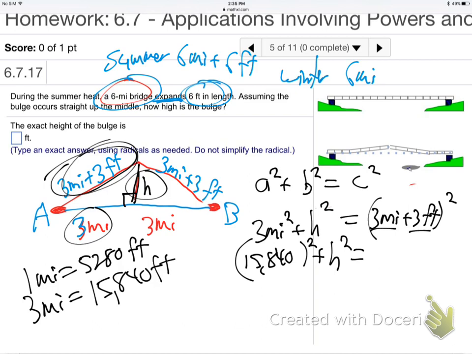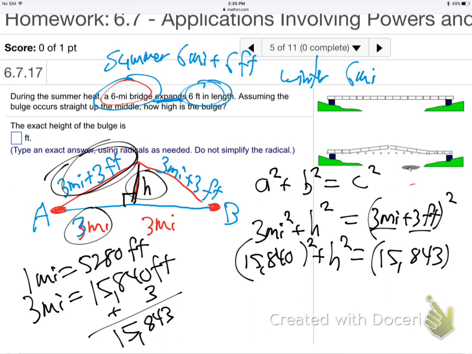And this is 3 miles plus 3 feet, so if you add 3, it's 15,843 squared. Let me do that a little neater. So everybody good there? The 3 miles is 15,840, and the 3 miles 3 feet is 15,843.